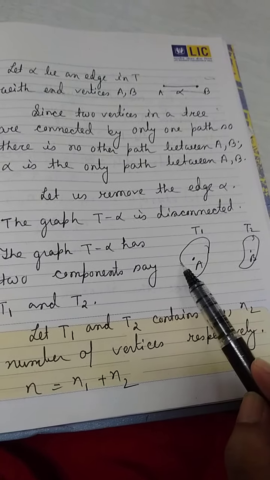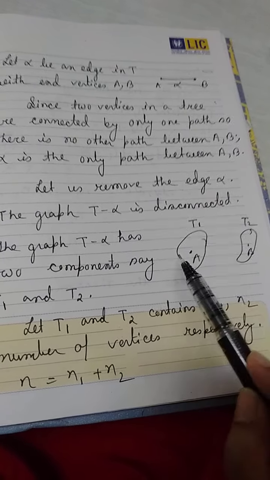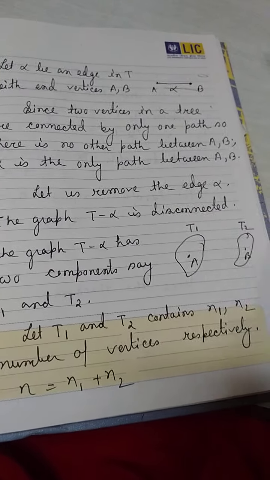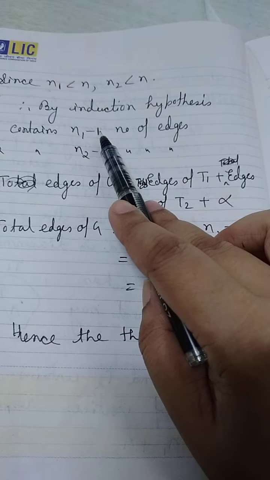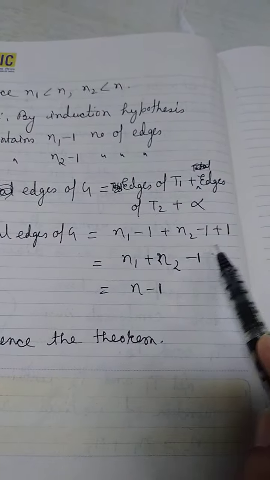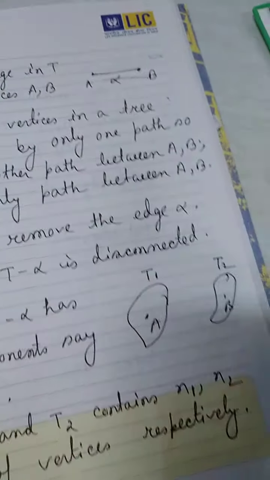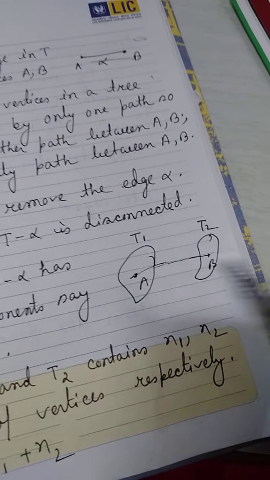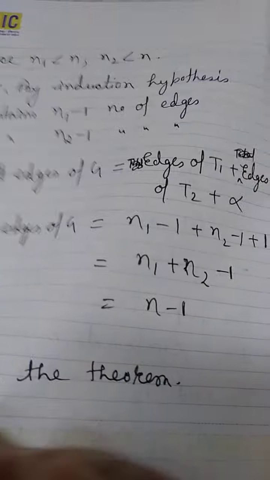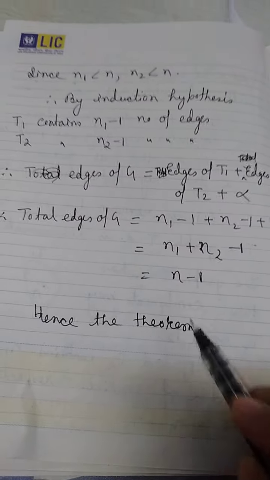T1 contains n1 vertices and T2 contains n2 vertices, and both n1 and n2 are less than n. So the theorem is true for them. So we have n1 minus 1 edges in T1, n2 minus 1 in T2, and then plus 1, which has come for this edge alpha. So n minus 1, hence the theorem.